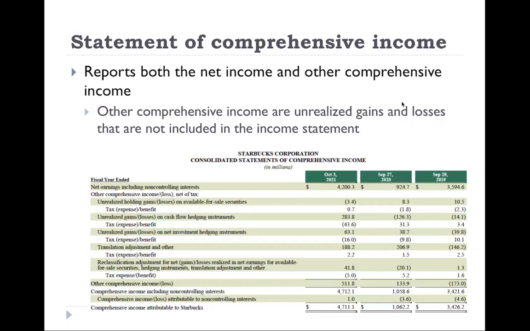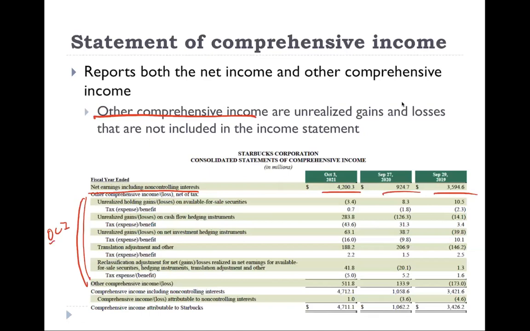Statement of comprehensive income. The statement of comprehensive income begins with the firm's net income, and then adds those accounts called OCI, other comprehensive income. Other comprehensive income is basically unrealized gains and losses, which are not included in the firm's income statement.